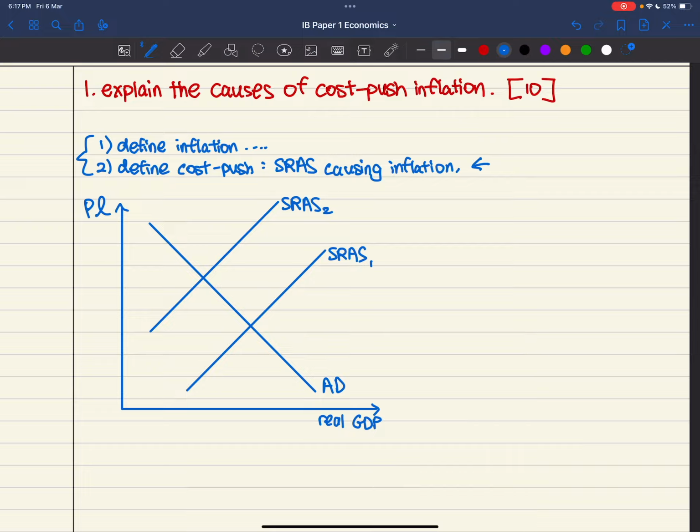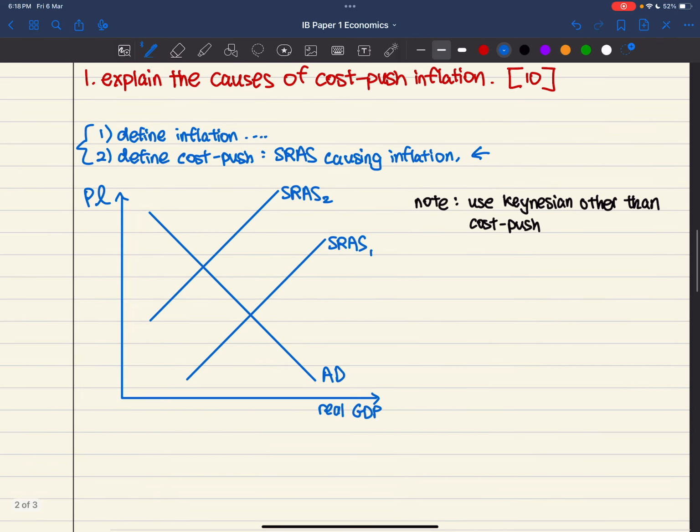Okay, something for you to note, I'm just gonna put a note here. Don't write this in your essay, but I would say use the Keynesian model other than for cost push. Just trust me and you'll see later why, and we can use that to explain things more easily.